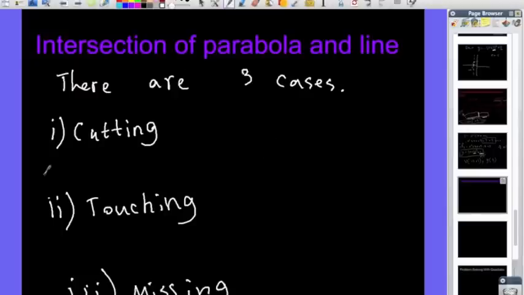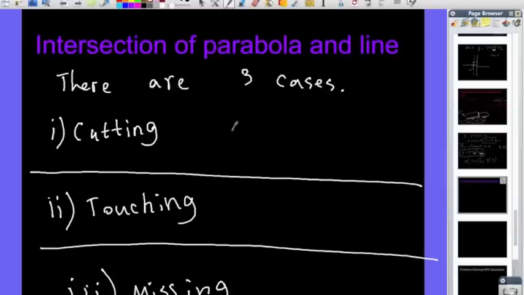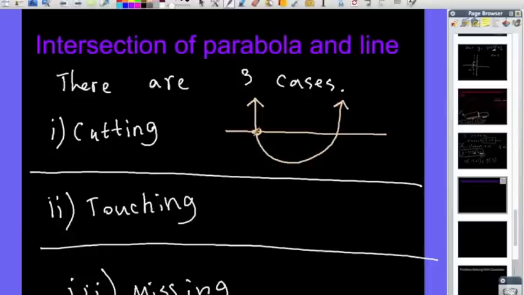So what do I mean by cutting, touching and missing? If the graph looks something like this, with 2 points cutting the x-axis, then this case is called cutting.